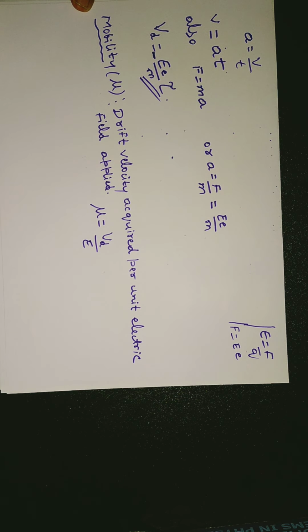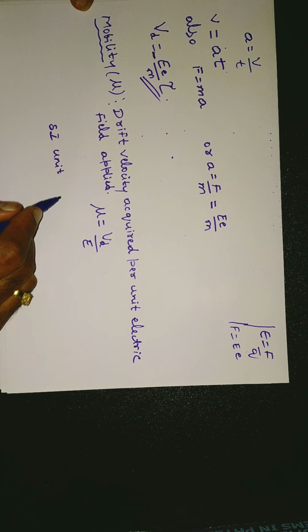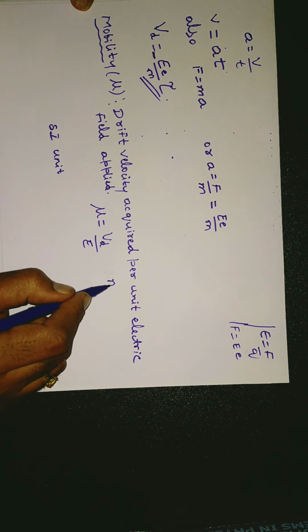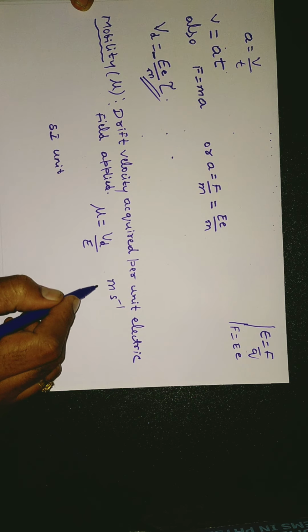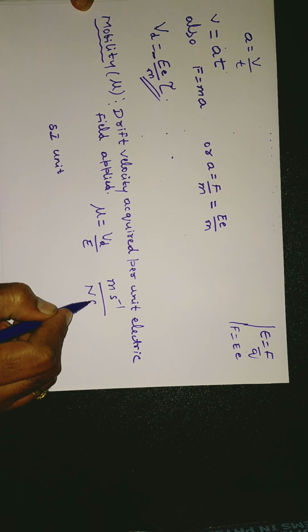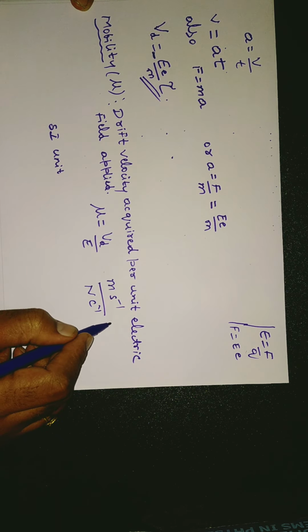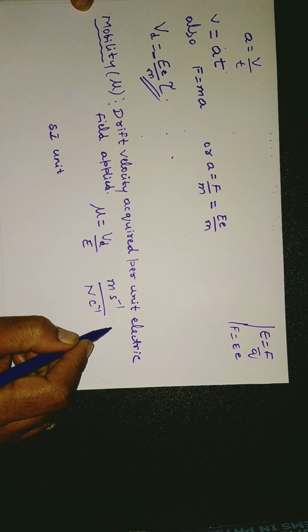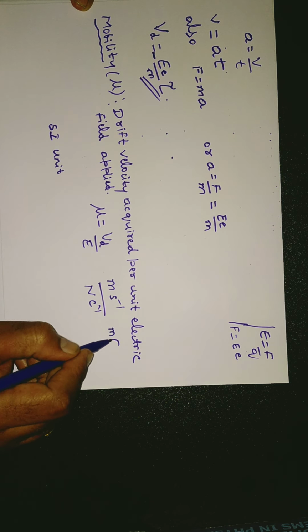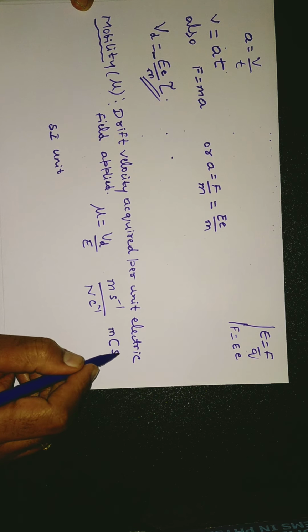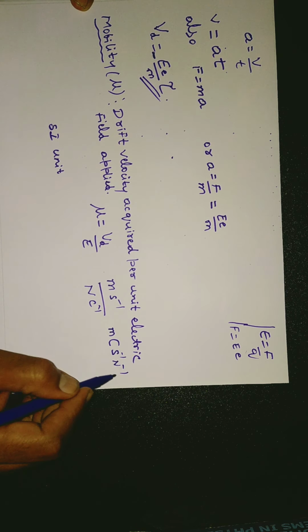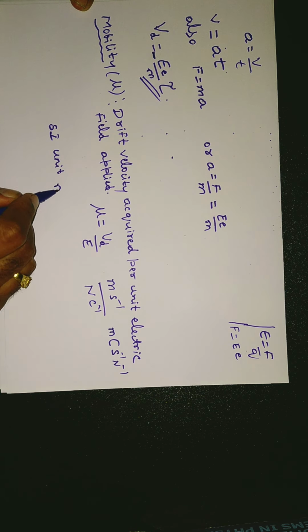When you think of the SI unit, you know that velocity is meter per second and electric field is Newton per Coulomb. Hence we may write that it is meter Coulomb per second per Newton. This is one unit.